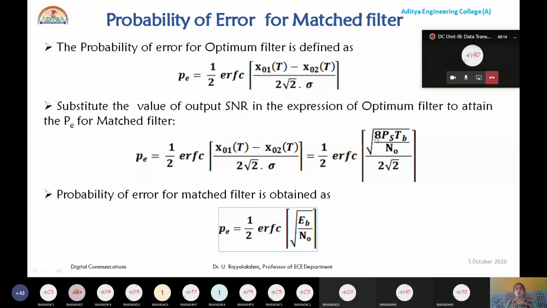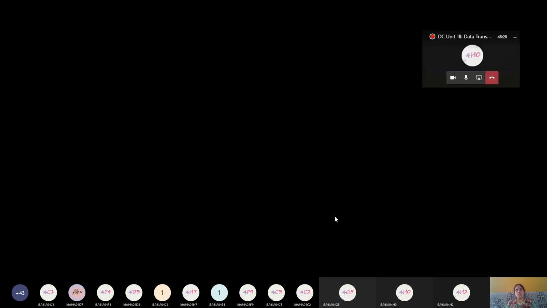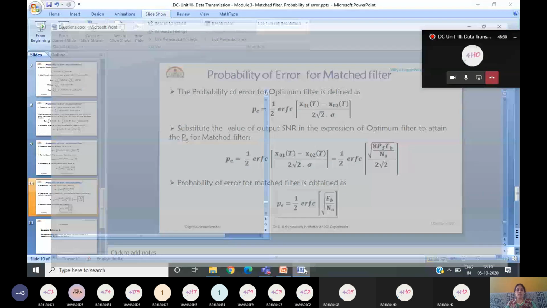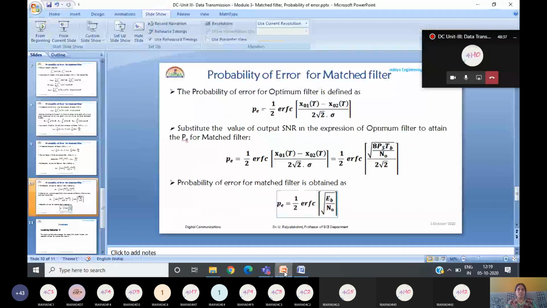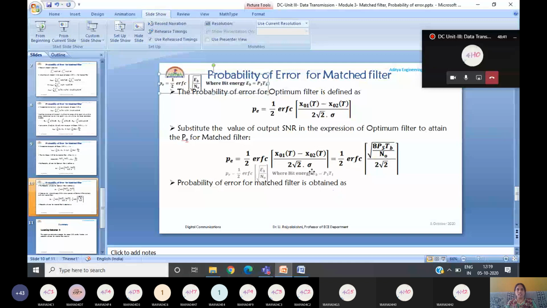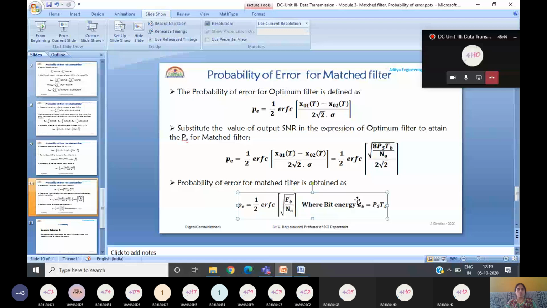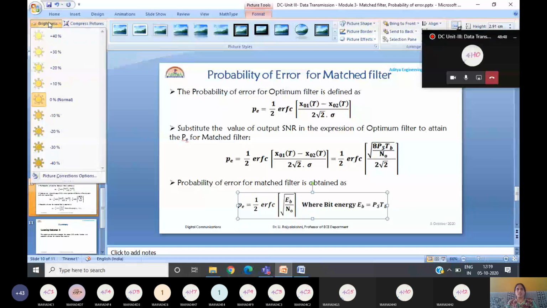So root 8 is nothing but 2 root 2. So here 2 root 2 gets cancelled. So you will get the probability of error as root EB by N naught, where bit energy we consider as PS into TB.